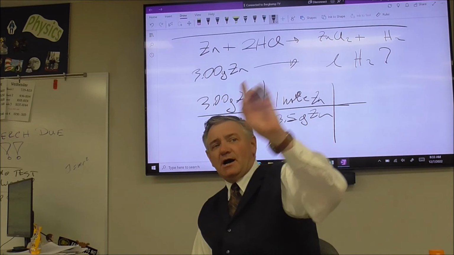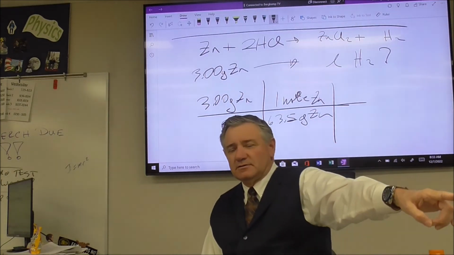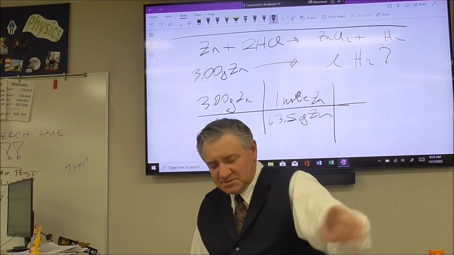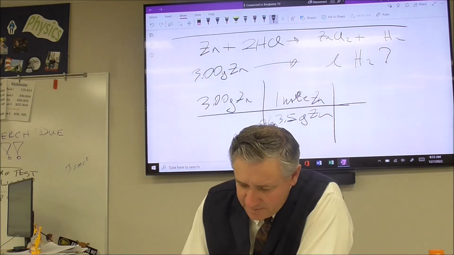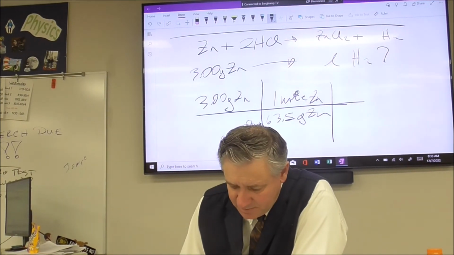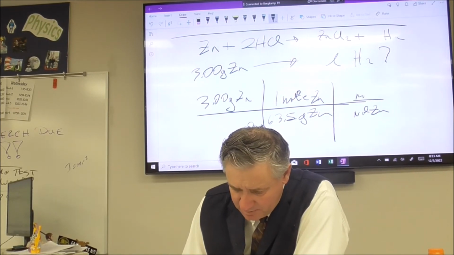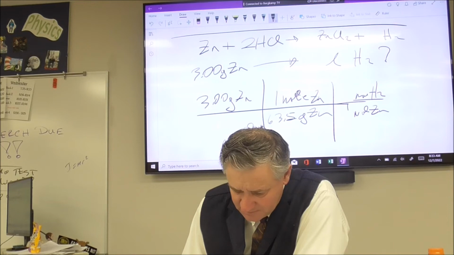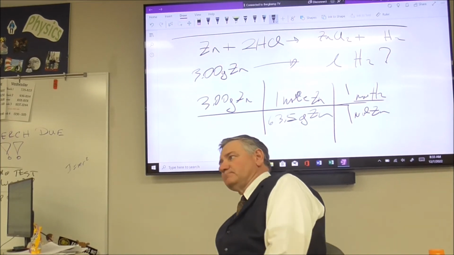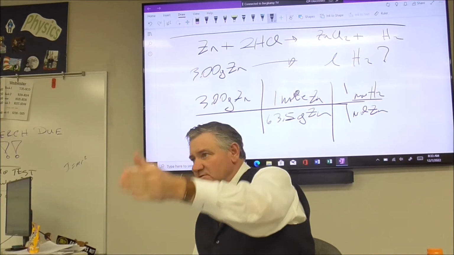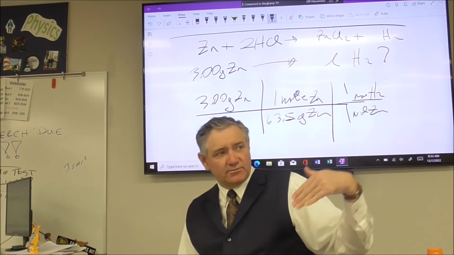If I stop right now, what do I have? Moles of zinc. I'm going to end up in hydrogen, right? So I'm going to put moles of zinc here and moles of hydrogen up here. That's a 1-to-1 ratio. However many moles of zinc react is how many moles of hydrogen I'm going to get out of it.